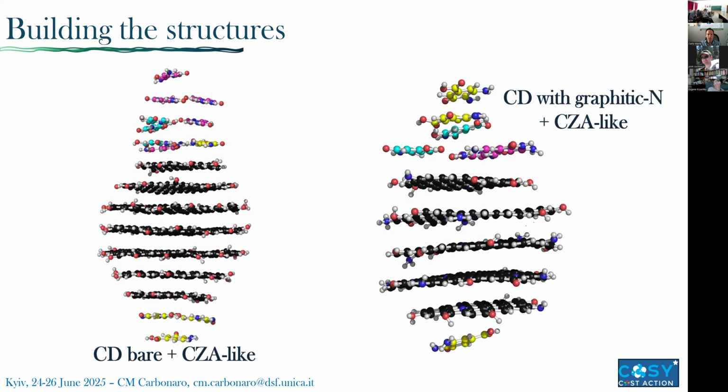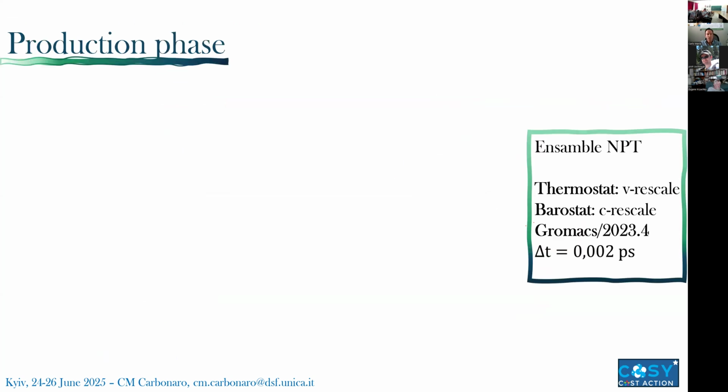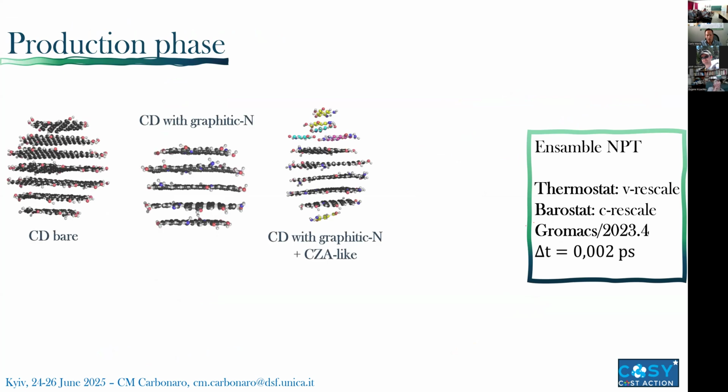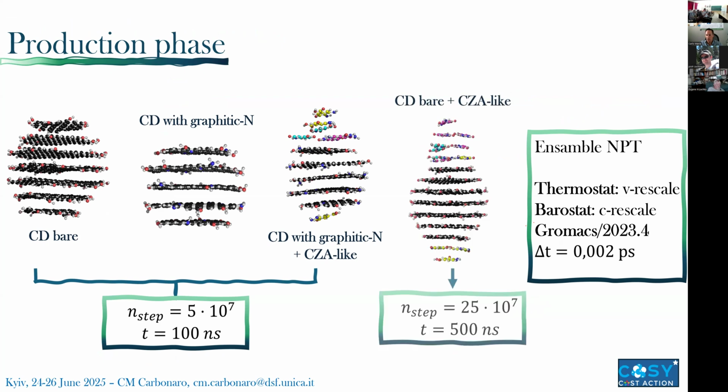We put some molecules like citrazinic acid and citrazinic acid-like molecules in order to get an idea if they interact with our carbon dot. In the case of graphitic nitrogen or without nitrogen in the systems, we produced this kind of system, and we ran the simulation for about hundreds of nanoseconds in order to reach stability.